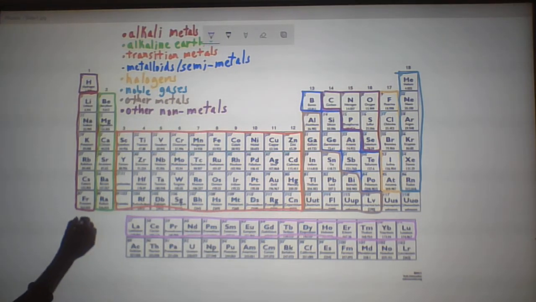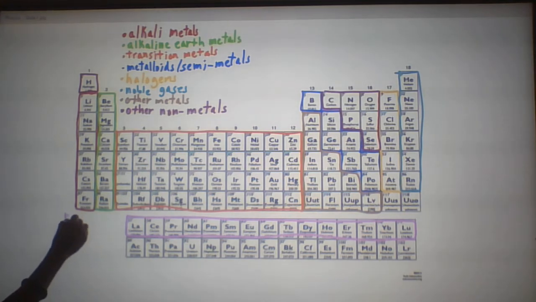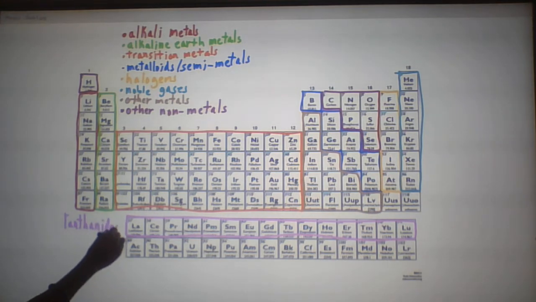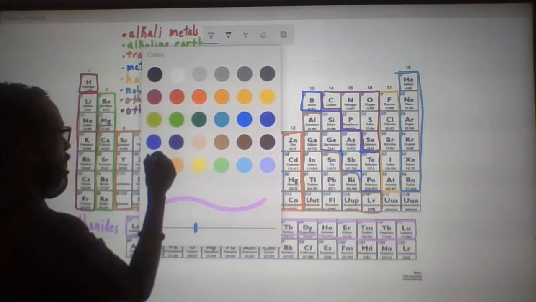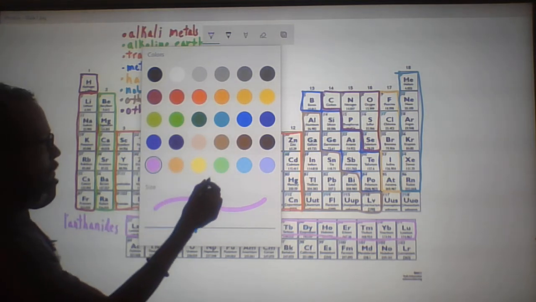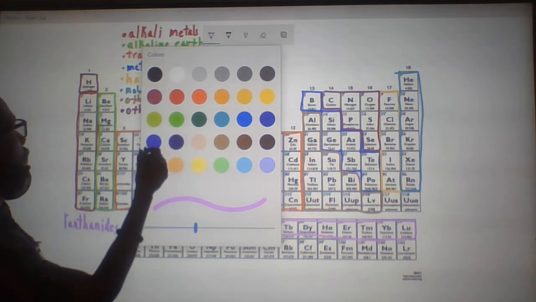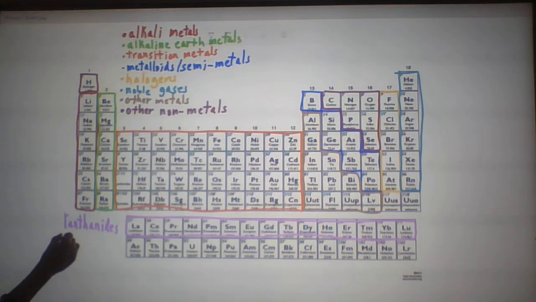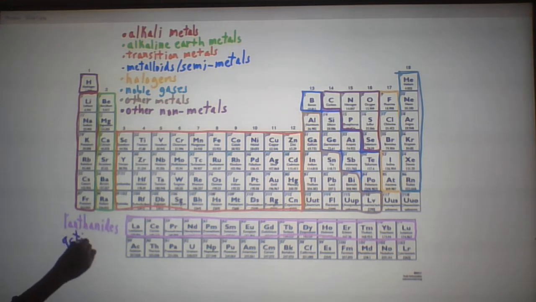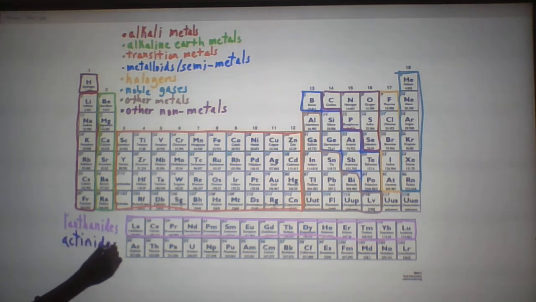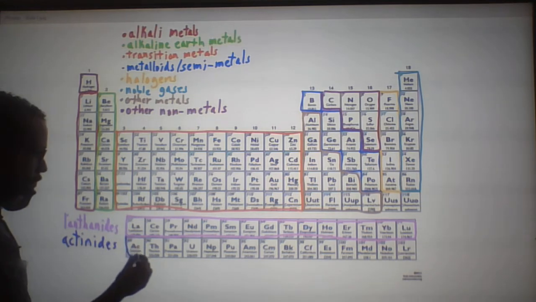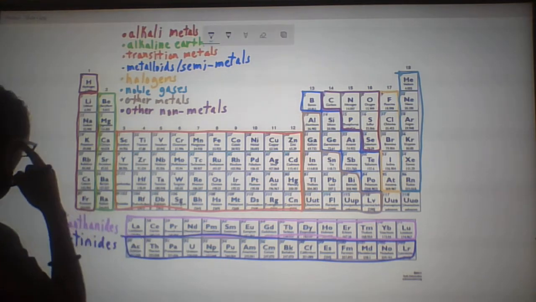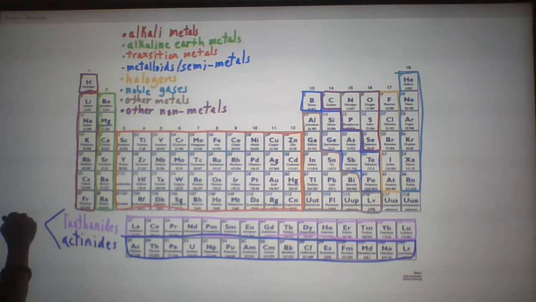These are the lanthanides. And then together, these are inner transition.